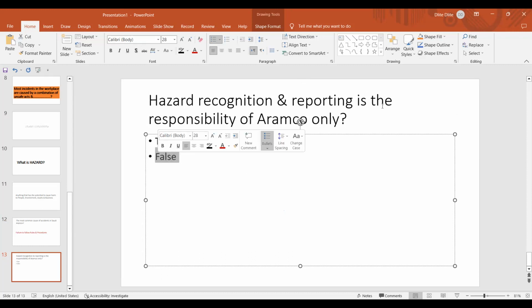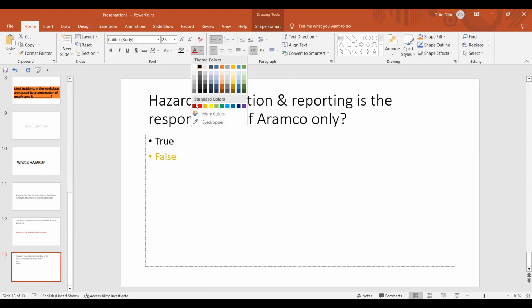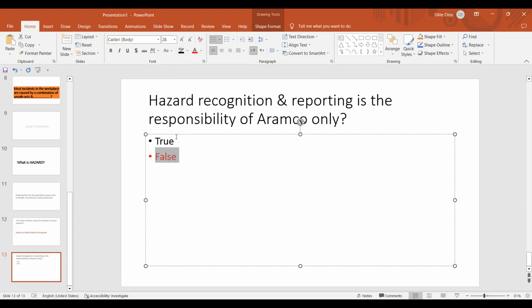Hazard recognition and reporting is the responsibility of Aramco only. What's your answer? False, right? Because everyone is responsible. Everyone is responsible to learn and understand how to recognize the hazards and how to report any sort of hazard. So it's everyone's responsibility.